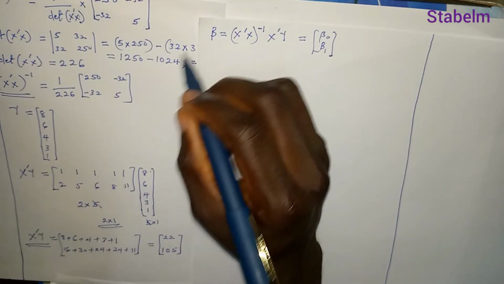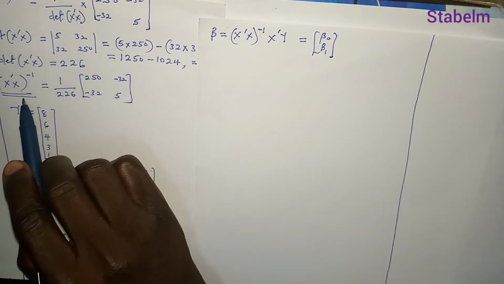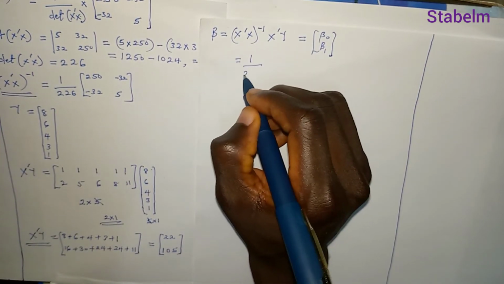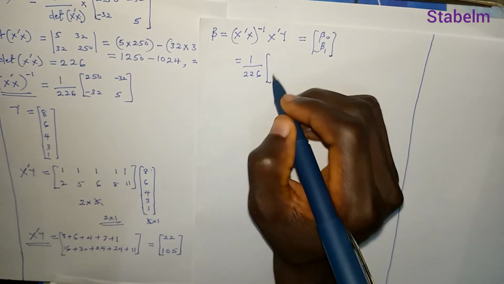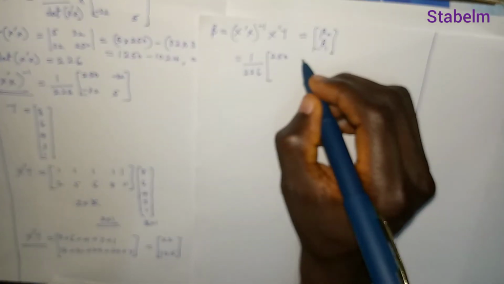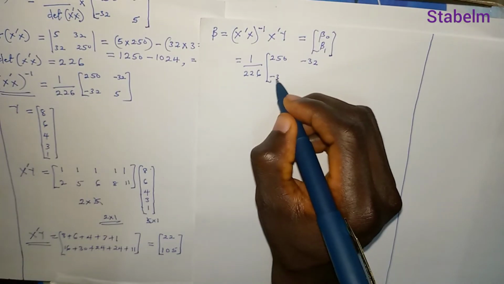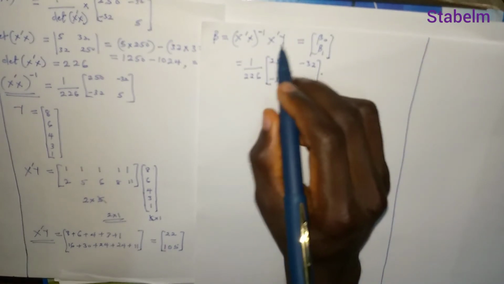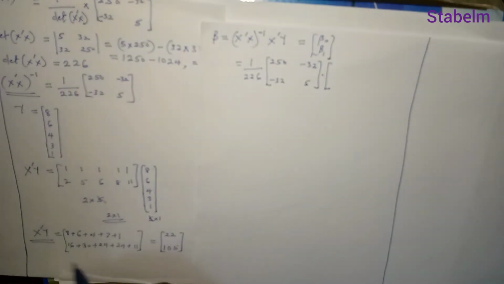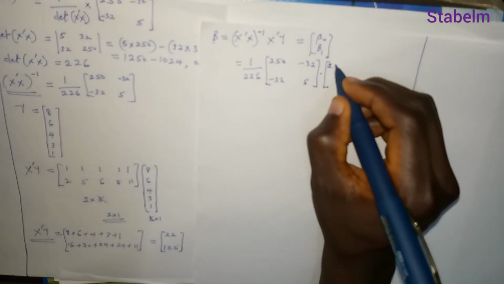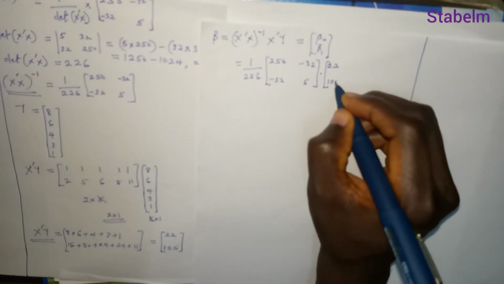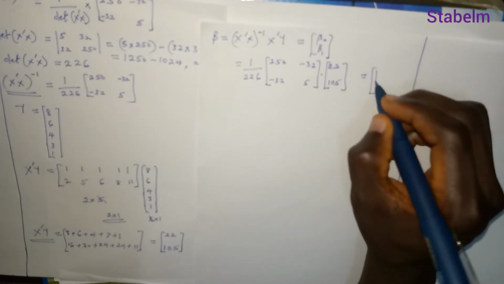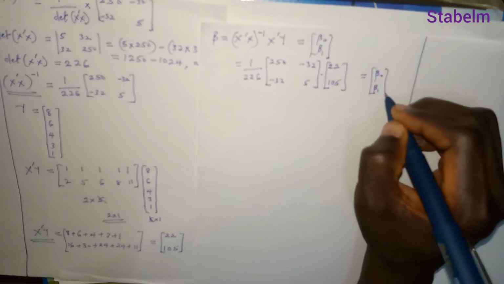So our X prime X inverse is this matrix, equal to 1 over 226 into the bracket 250, minus 32, minus 32, 5, multiplied by this X prime Y, and our X prime Y is 22, 105, and this will give us our coefficients beta naught and beta 1.